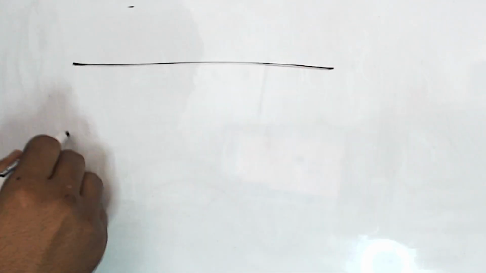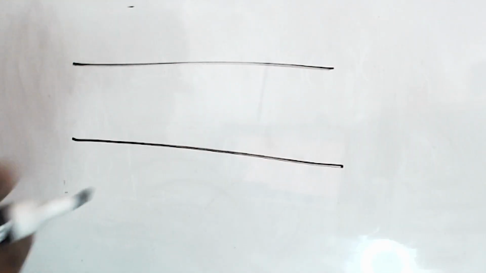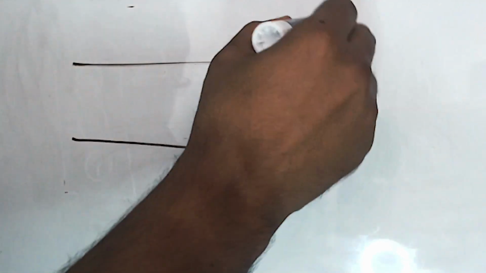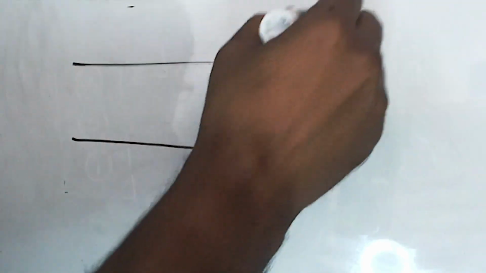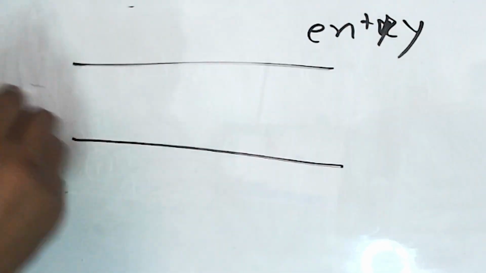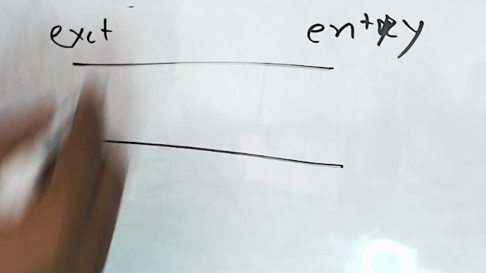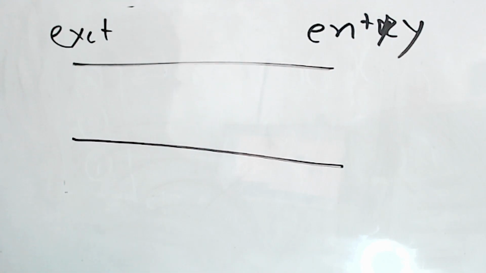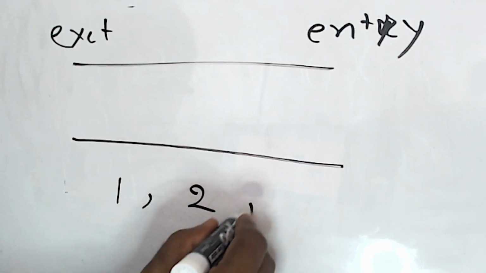So let's assume that we have a pipe, and in that pipe, we have an entry and an exit, and we have items to put in the pipe, like 1, 2, and 3.